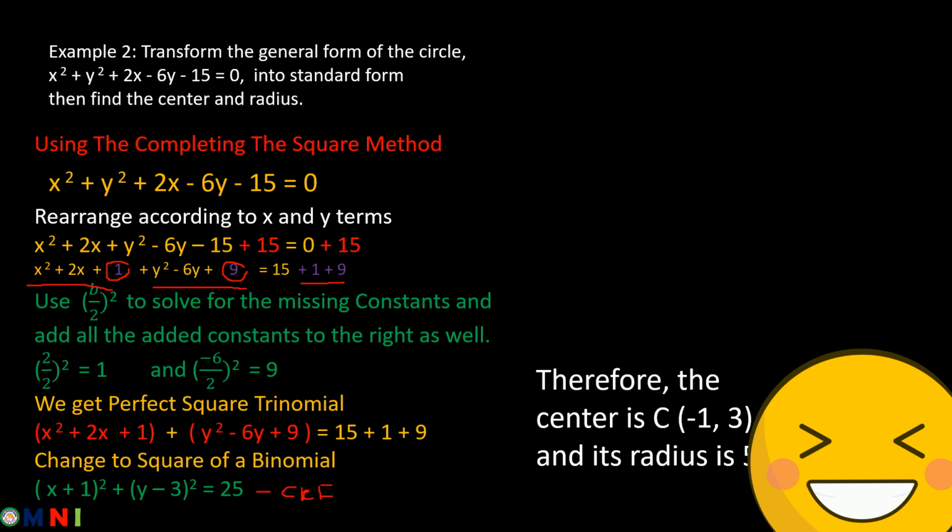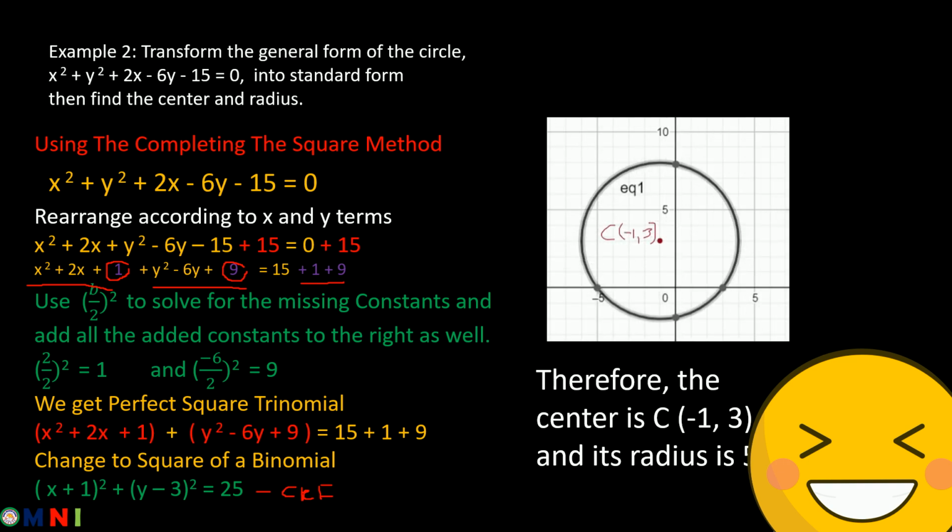So if I'm going to show here the circle, this is the sample circle. I use the GeoGebra app, so this will appear once you type the general form. This is the one that you will write, not this, but it will not appear if it's in standard form, but in general form, like this.